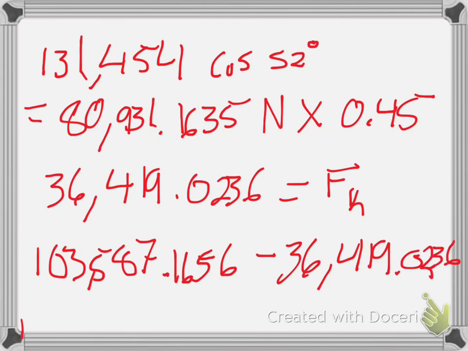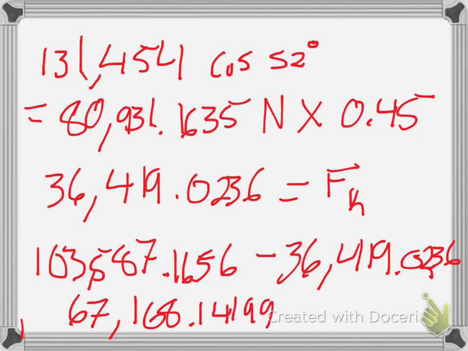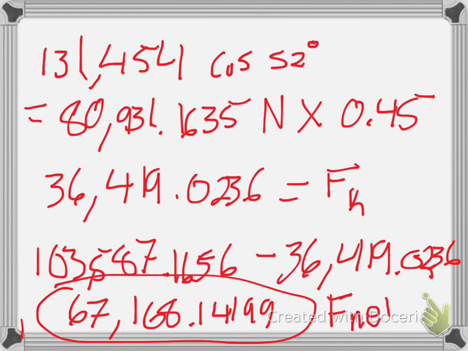So what that comes out to is we wind up with 67,168.14199. Does that match up to what you got? So this that we've solved for right here is our lovely net force.